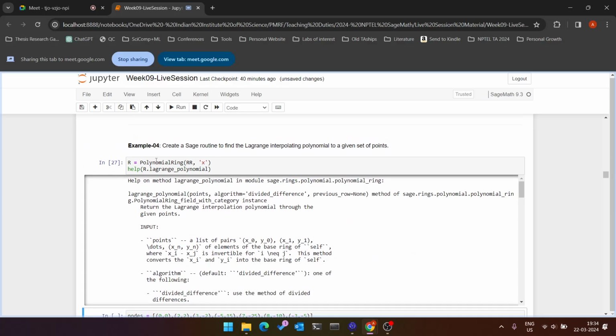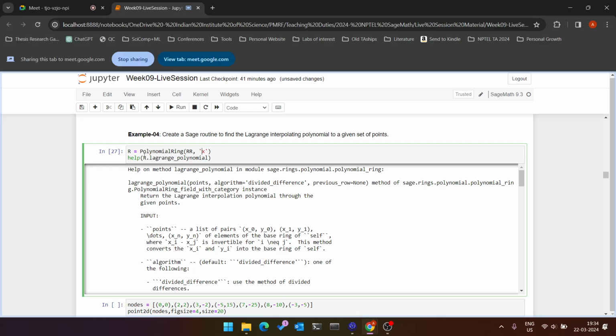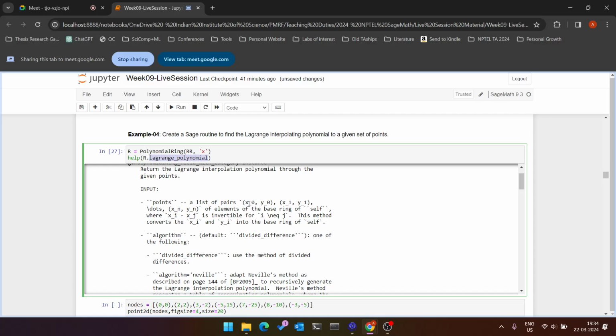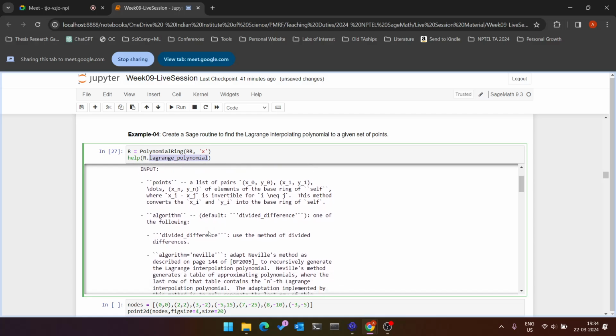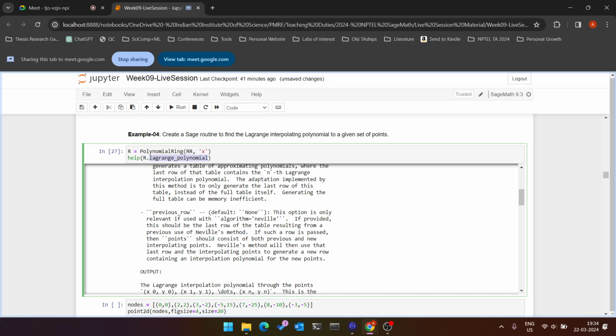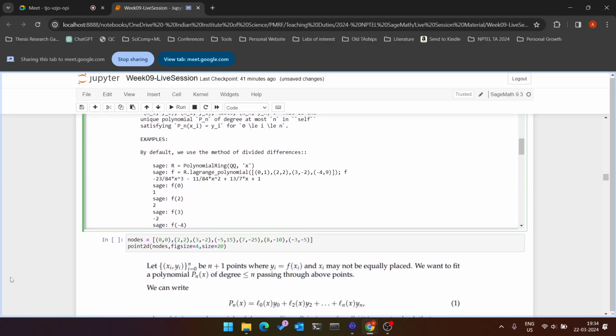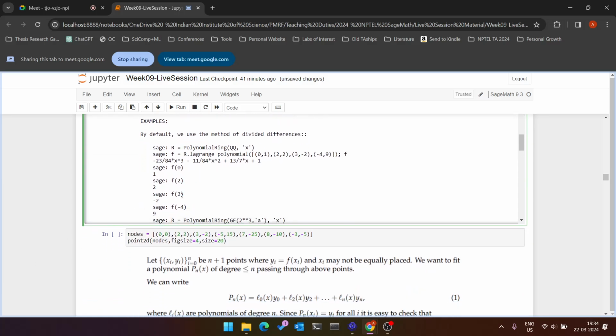Wherein we have to specify a polynomial ring, like real numbers with variable x, and within that we can use this function r dot Lagrange polynomials, to which we only have to feed a list of points x0, y0, x1, y1 all the way till xn and yn. So there are a lot of options depending on what kind of algorithm we should use and how the output looks.